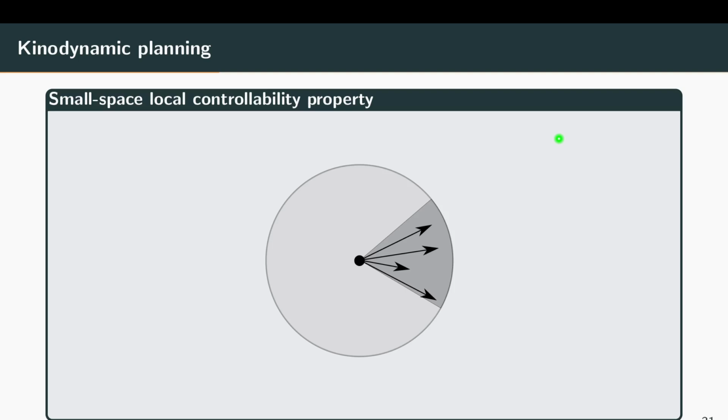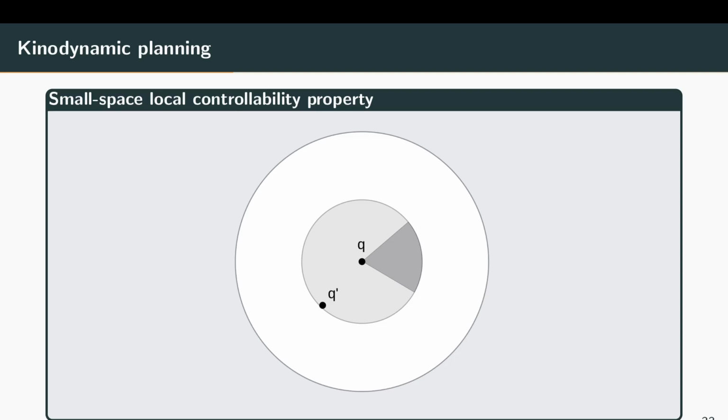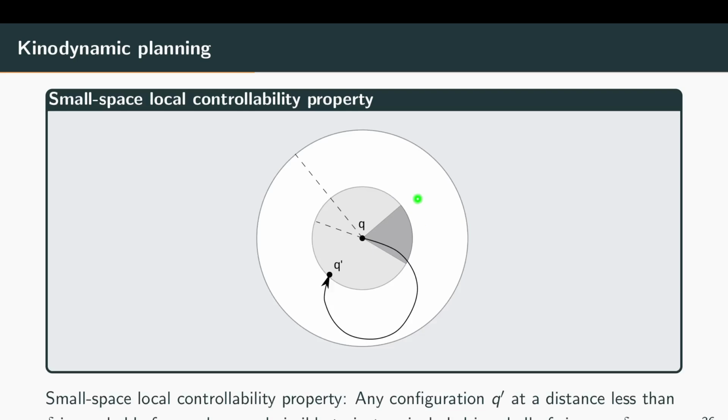Small-time local controllability says, okay, if we have our state Q and we want to go to some other state Q prime within the vicinity of that Q, then there should be a bounded but potentially larger region with this radius that we need to cross to get there. So, for example, if we have a dynamical system that allows us to do something like that, that would be small-time local controllability.